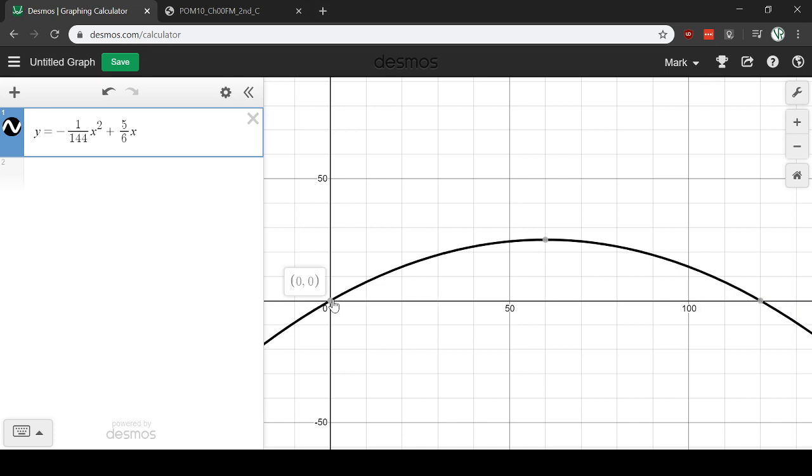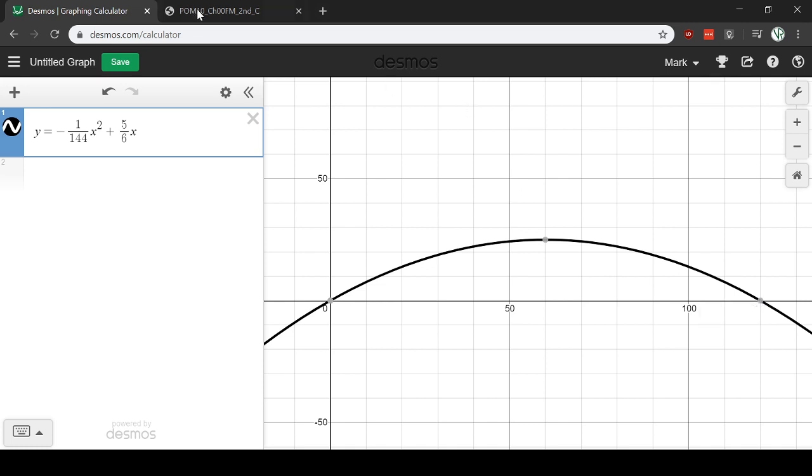From one zero to the other, the distance along the bottom is 120. We start at 0 and go over to 120. So for part C, how wide is the bridge at its base, that's 120 meters in this case.